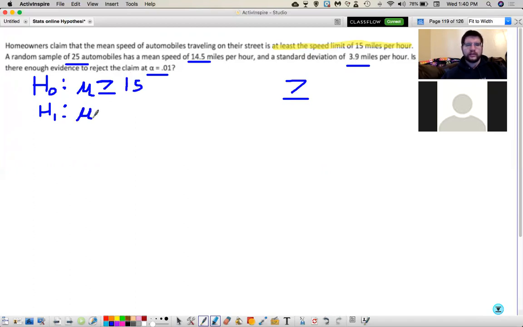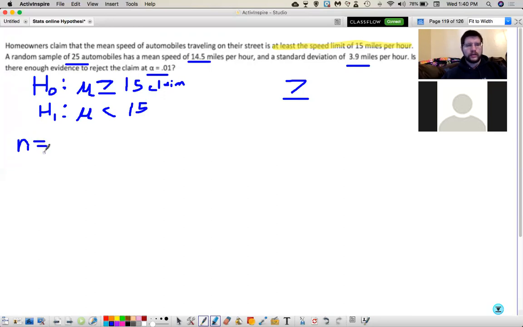That makes my alternative less than. And this is my claim right here. So my claim is in the null this time. So remember, if the claim is in the alternative, we can either support or there's not enough evidence to support. If the claim is in the null, we either reject or fail to reject. Let's find out what we're going to do on this one.